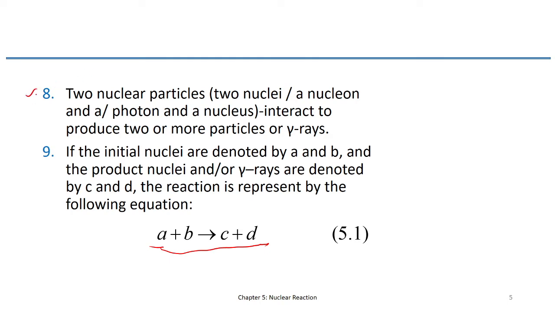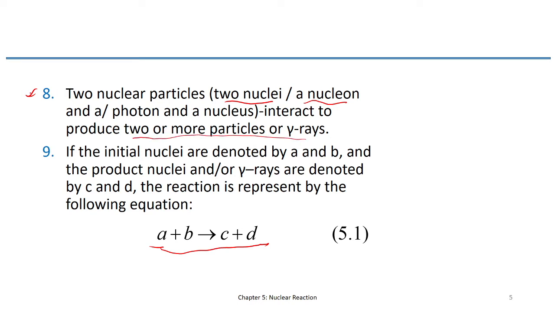There's another possibility in nuclear reaction, that you can have two nuclear particles, such as two nuclei, or a nucleon, or a photon and a nucleus, to interact and produce two or more particles or gamma rays.